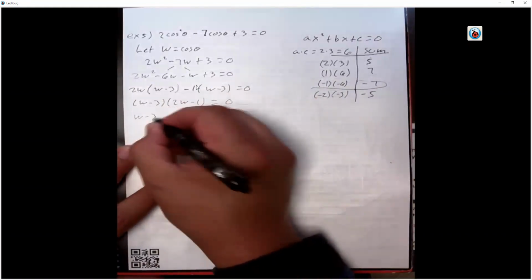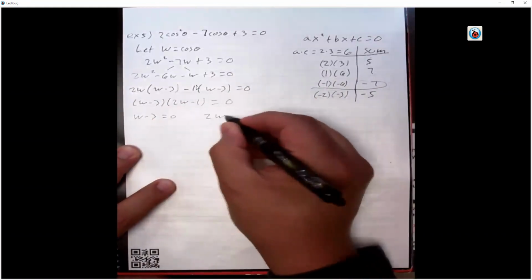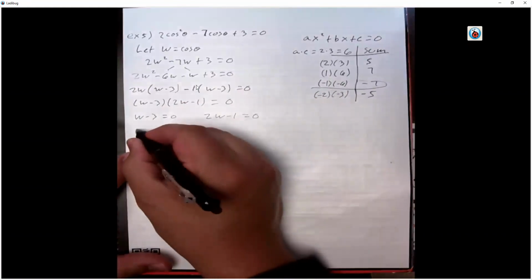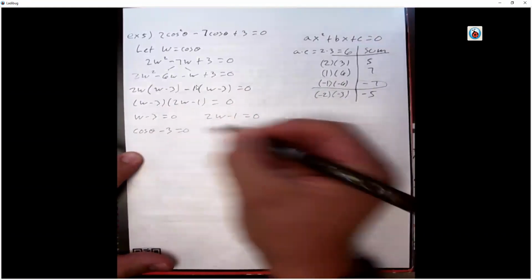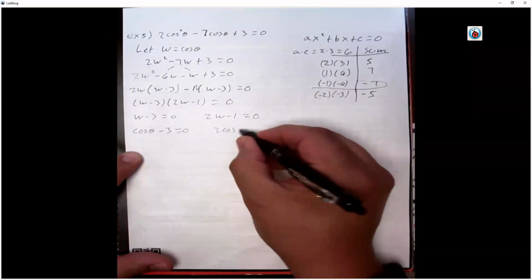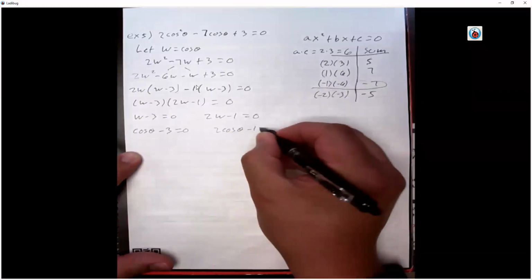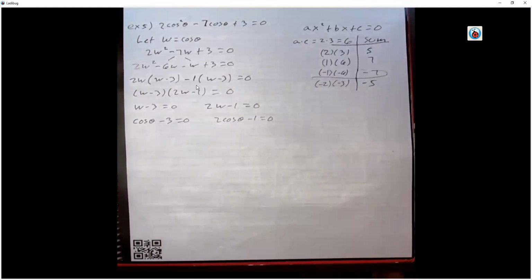So set each part to 0 and change back to cosine because w is made up. And we have done our factoring. Now we can solve. If you have any questions on the factoring, I'm not going to spend a lot of time on it, but just in case.